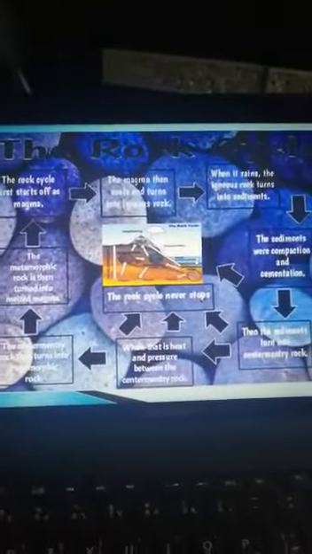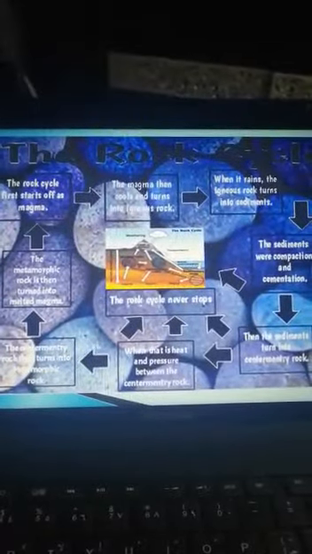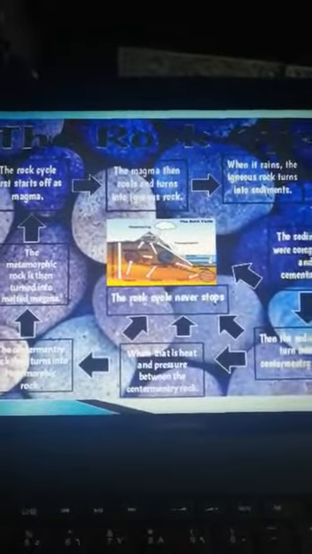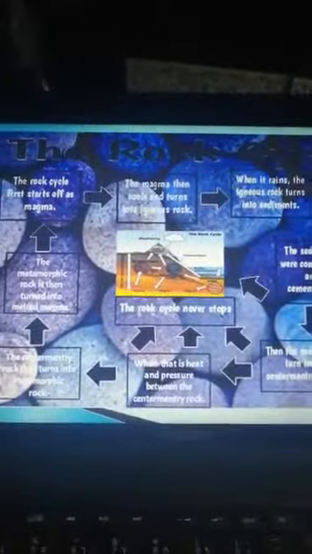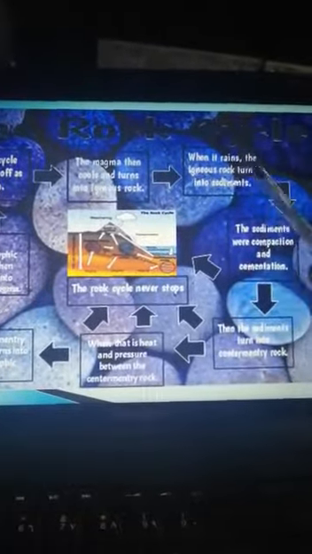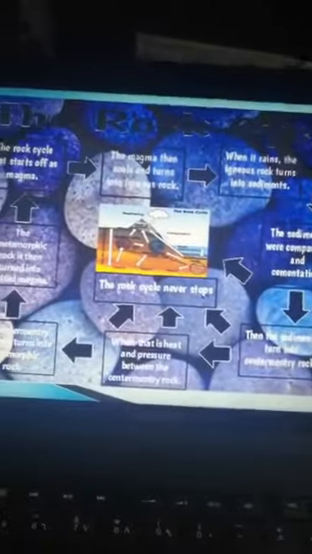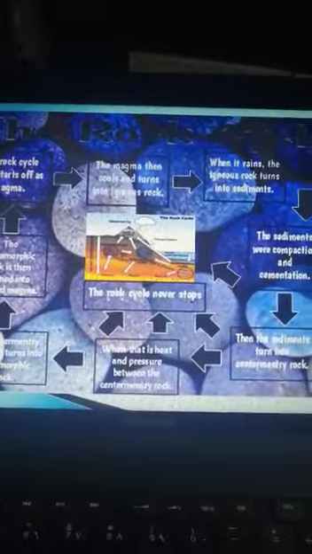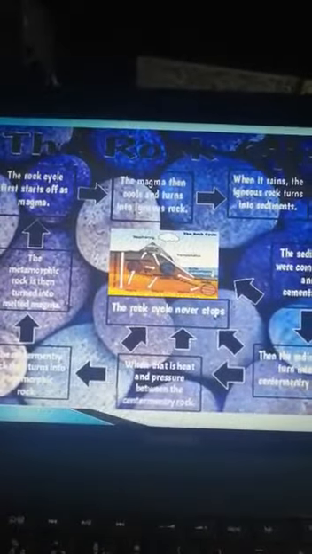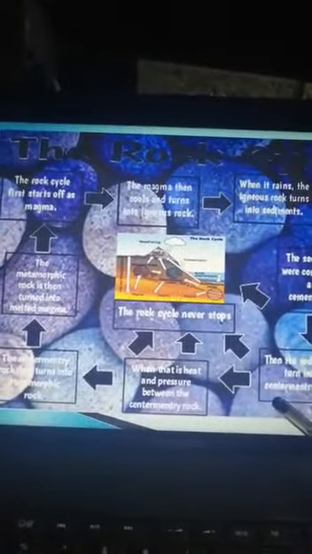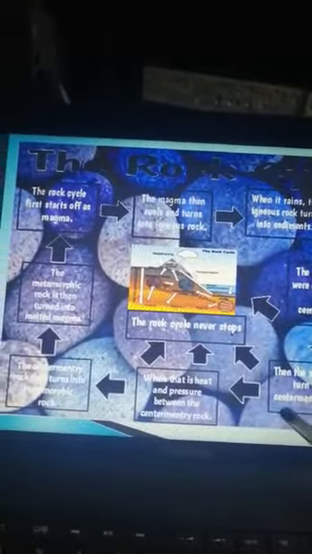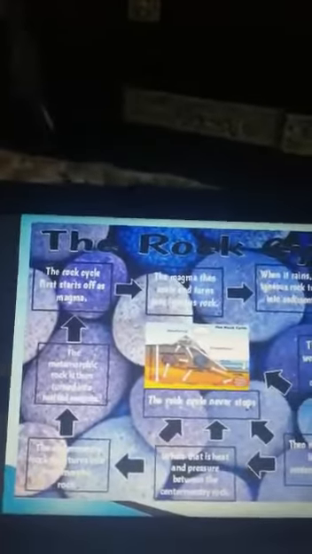So, the rock cycle first starts at magma, then cools and turns into igneous rock. The igneous rock turns into sediments. The sediments go through compaction and cementation, then turn into sedimentary rock.